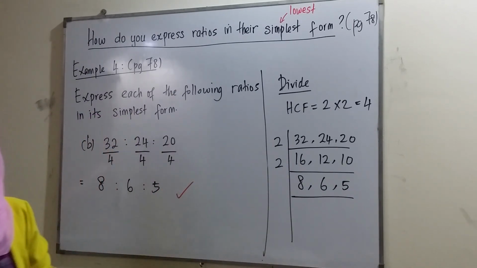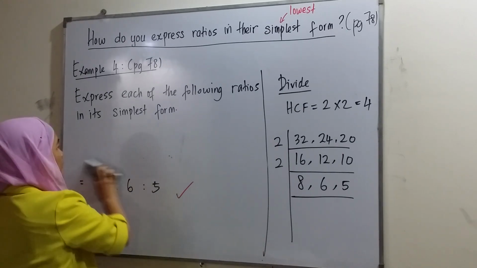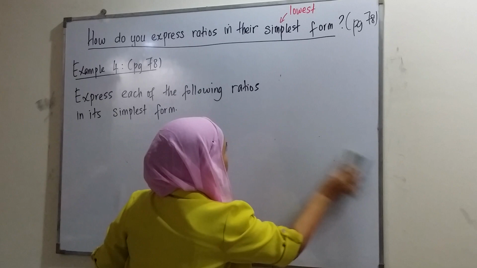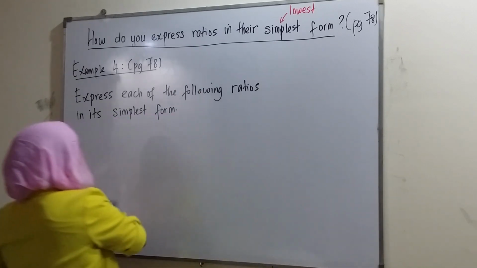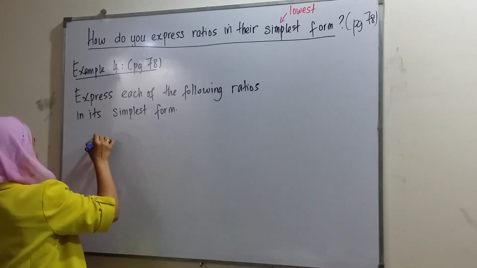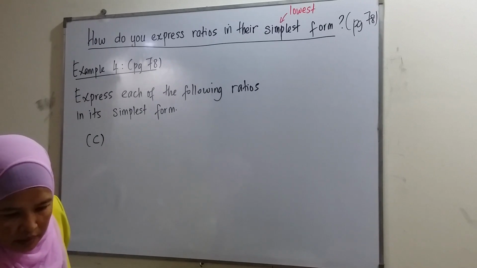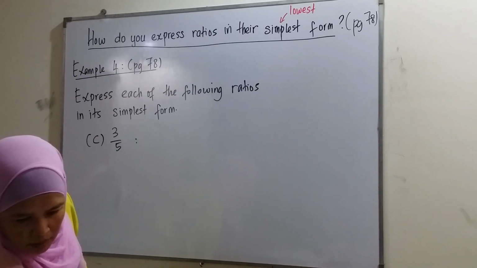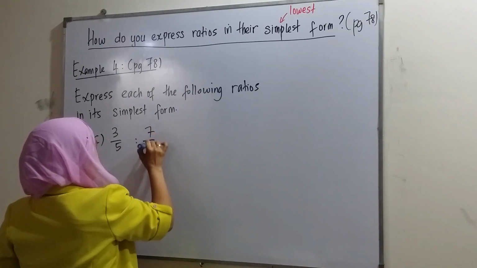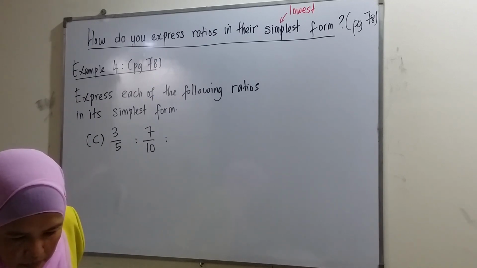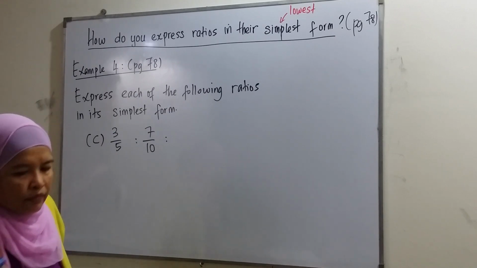Okay. Now look at C. 3/5 ratio 7/10. Only to this one, yeah. 3 ratio 5.